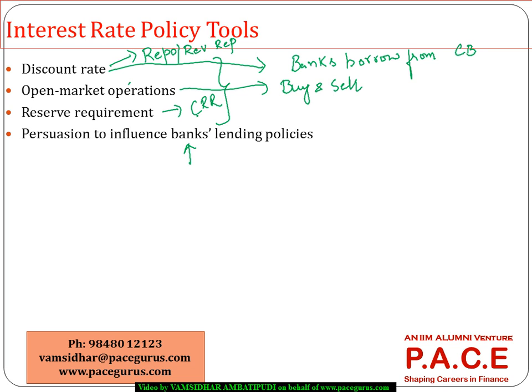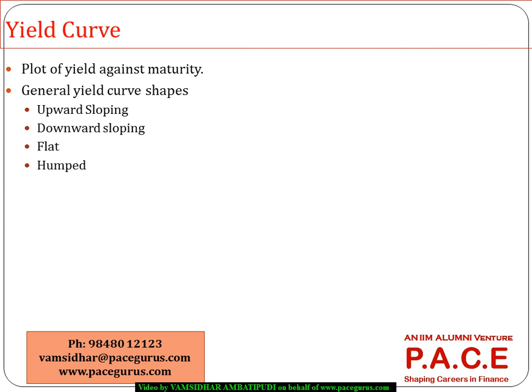If the CRR is getting reduced, the banks are left with more money supply, which again results in more supply, less demand, and a fall in the interest rate. All these are the various tools which the central bank typically plays with for the loans purpose or for the purpose of playing with the interest rate.